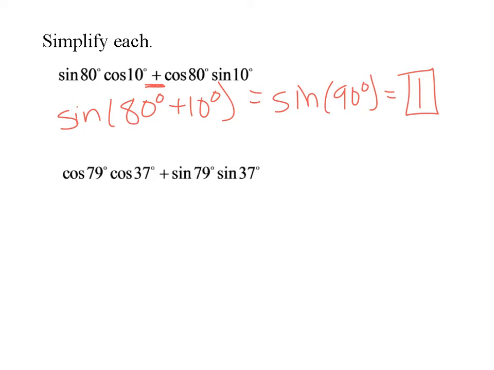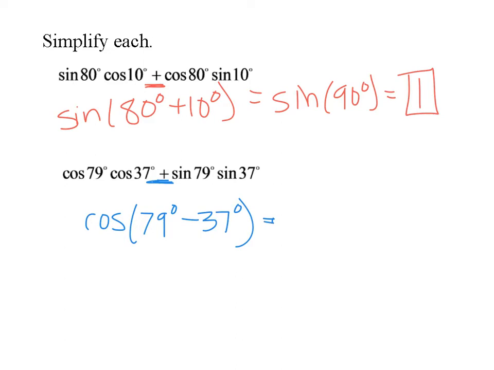Next, we are looking at cosine, cosine, sine, sine. And that's the one in the song where we said cosine, cosine, sine, sine, sine. So the addition in the middle means this is a cosine identity of subtraction. So cosine of 79 degrees minus 37 degrees.